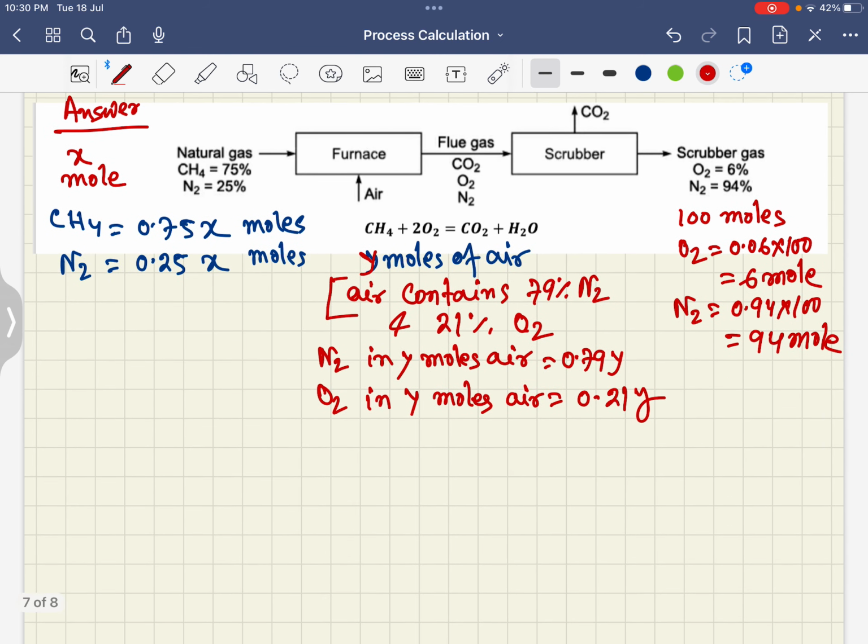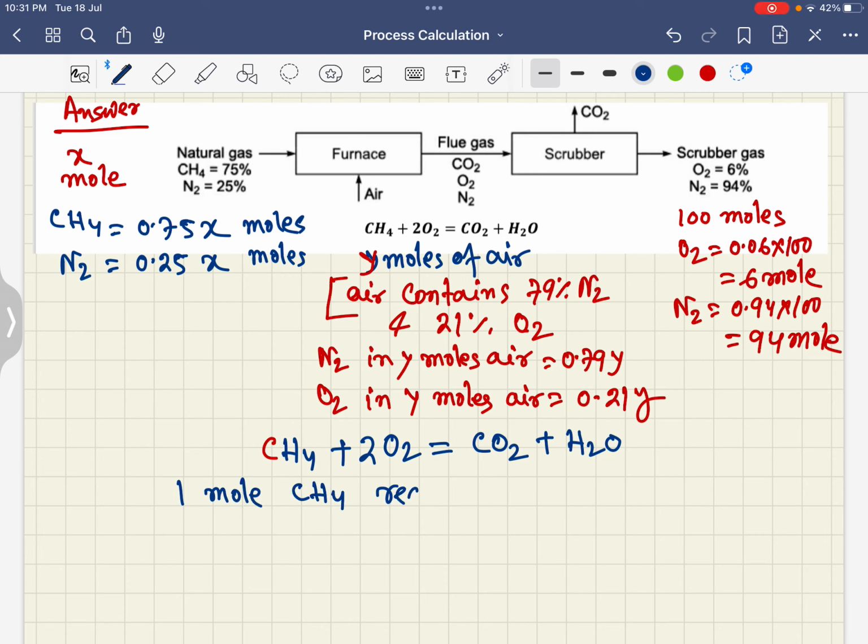Now here in the furnace the reaction is going on: methane plus 2 oxygen produces carbon dioxide and water. Here we can say that 1 mole of methane reacts with 2 moles of oxygen.